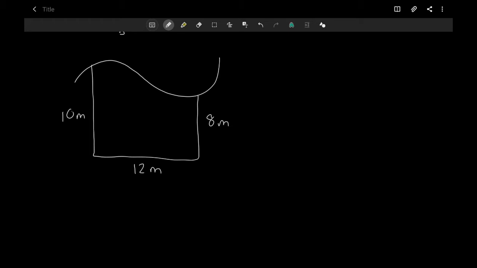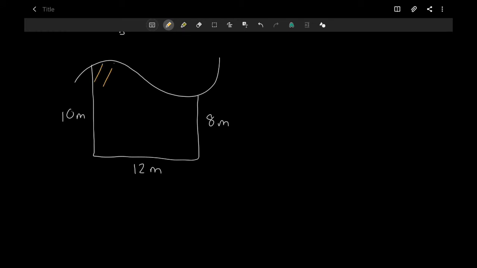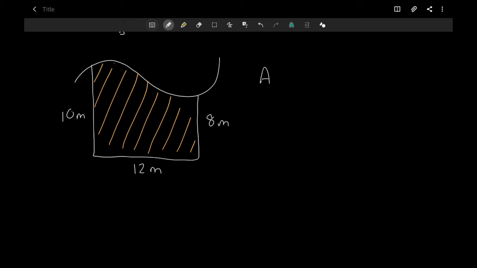So let's try to find the area of this part. Now we know that the formula for the area is W over 2, dF plus dL. So we know W is the width. So W is equal to 12.